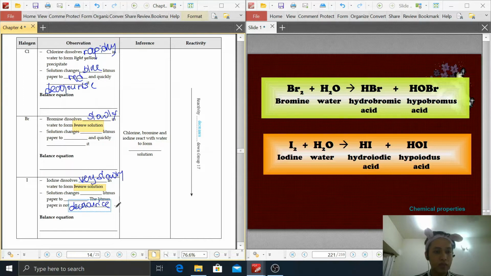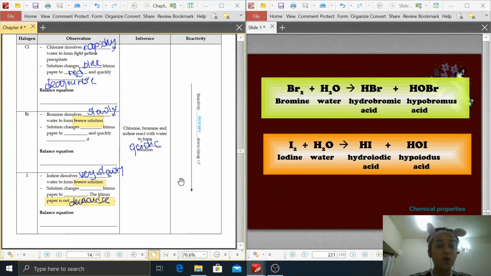Whereas for chlorine and bromine, they will decolorize because they are more reactive compared to iodine. So your inference is that all three halogens will form an acidic solution. This is the first chemical reaction for halogens, the reaction with water.